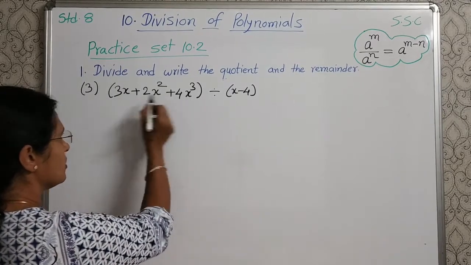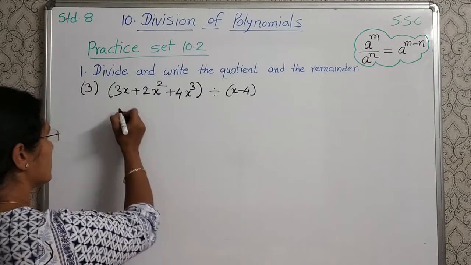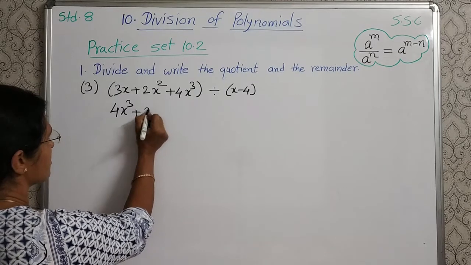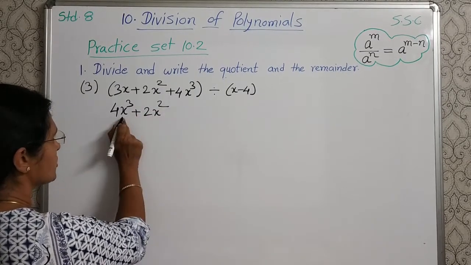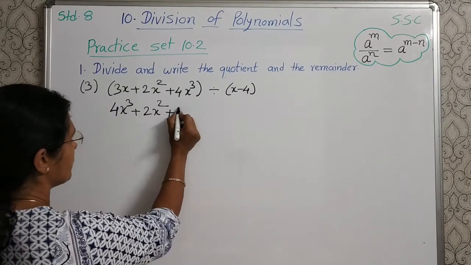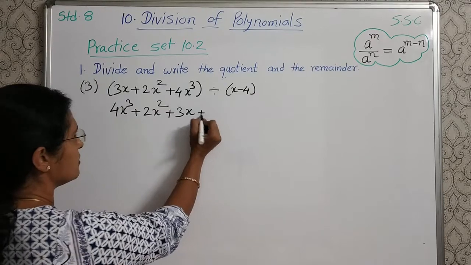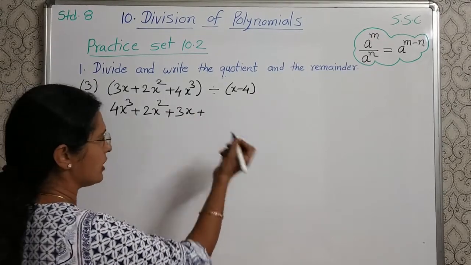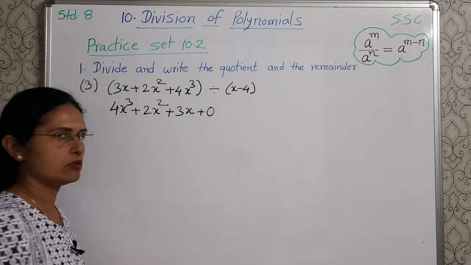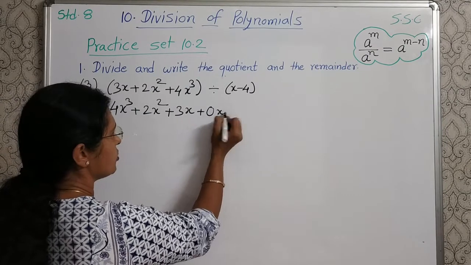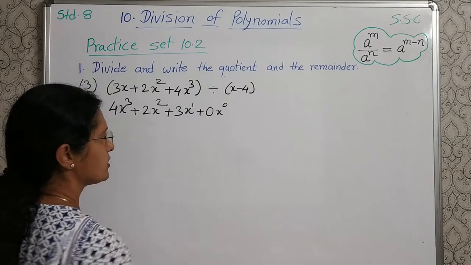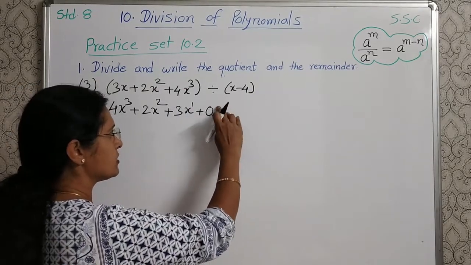So let us arrange these terms in the descending order first and then divide. So 4x cube, after that plus 2x square, after that this 3x term which is also positive 3x, and then the term without x, that is with x raised to 0. 0 will be the index, so we write only 0 here because we consider it as 0 x raised to 0, because here x cube, x square, x raised to 1 and x raised to 0, but we never write x raised to 0.